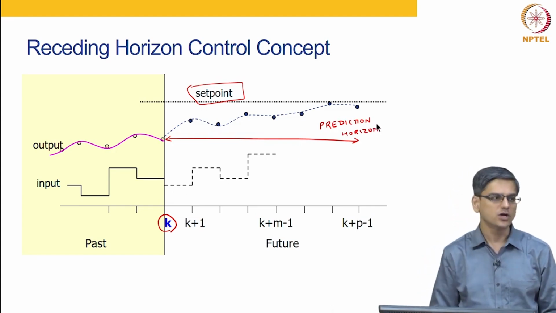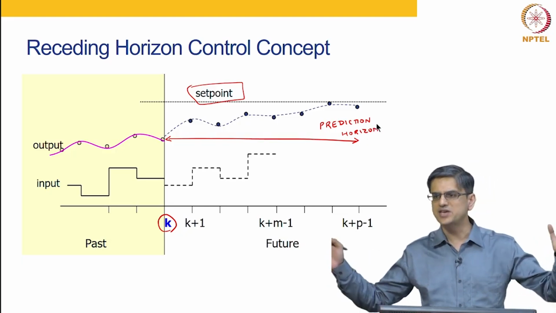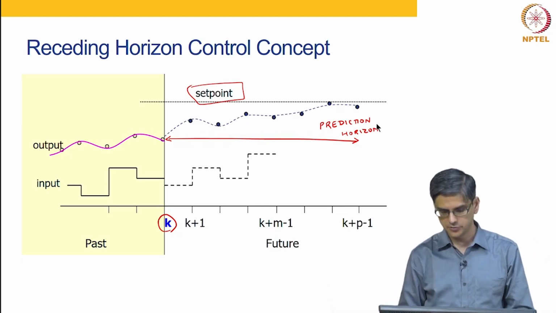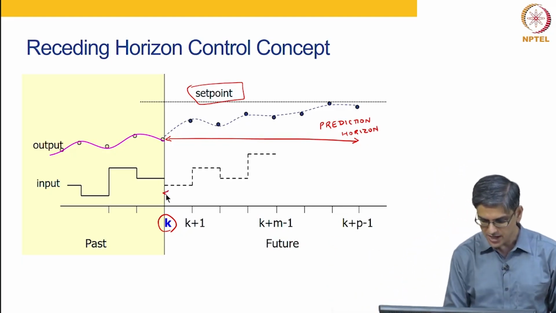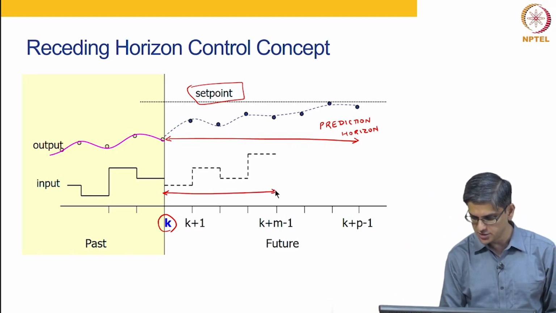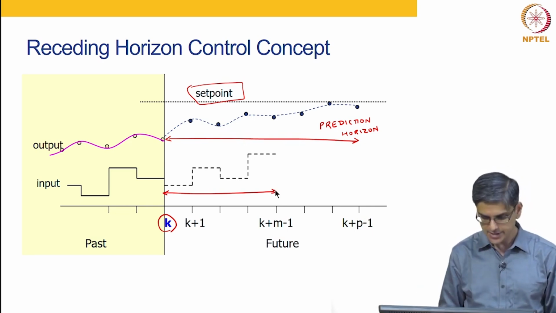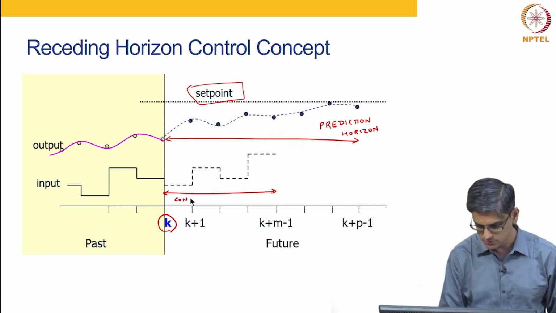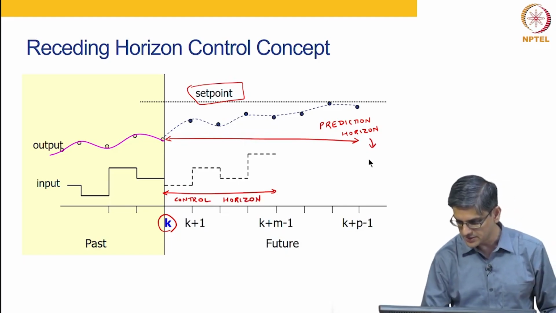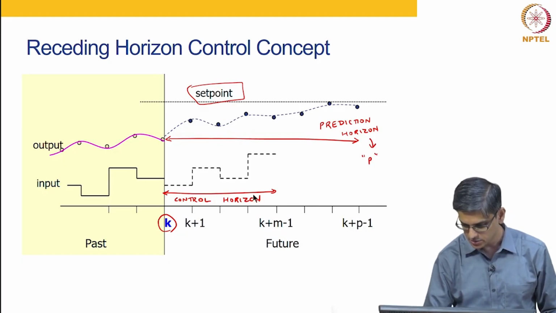We want the prediction horizon typically to be as long as possible. But we are trying to change the input moves for a shorter time duration in the future. And that is called the control horizon. We will represent prediction horizon as P, and control horizon as M.